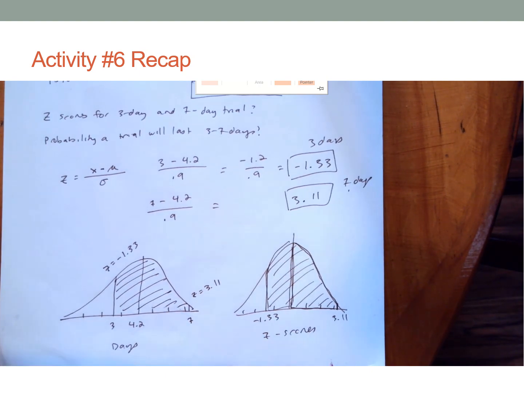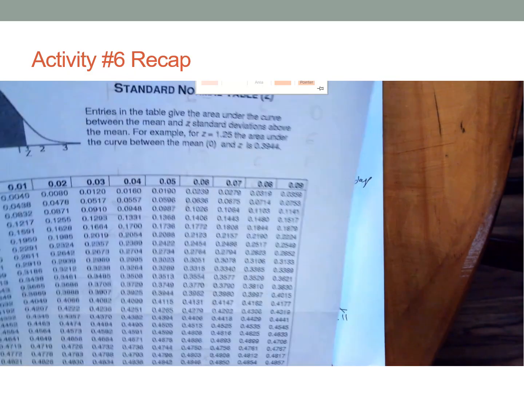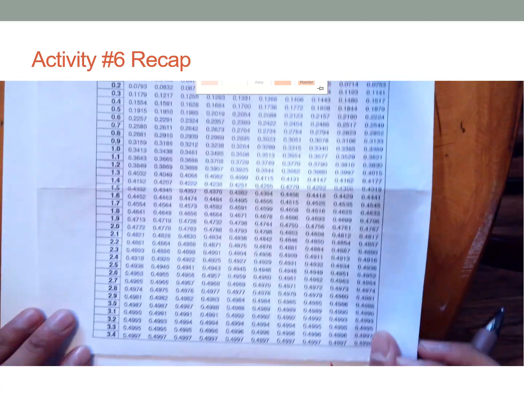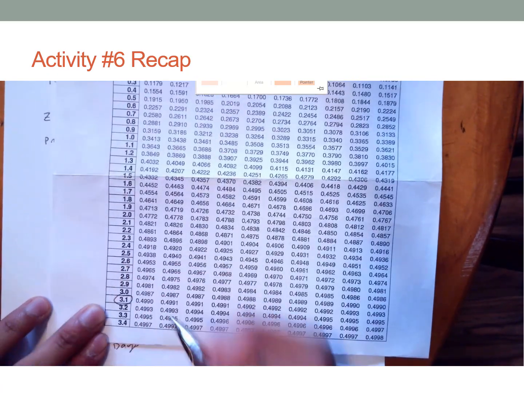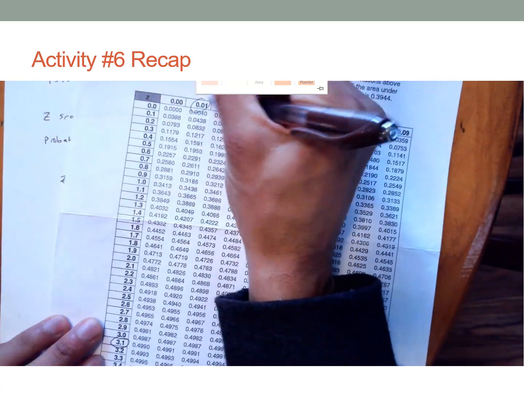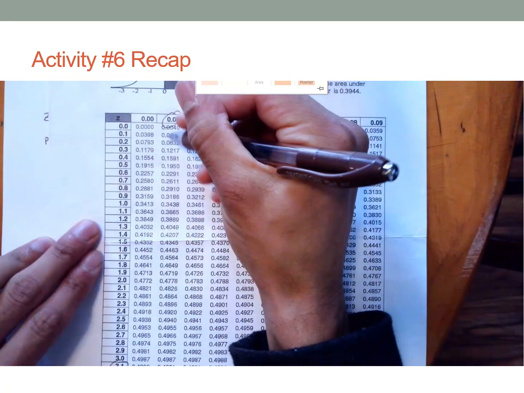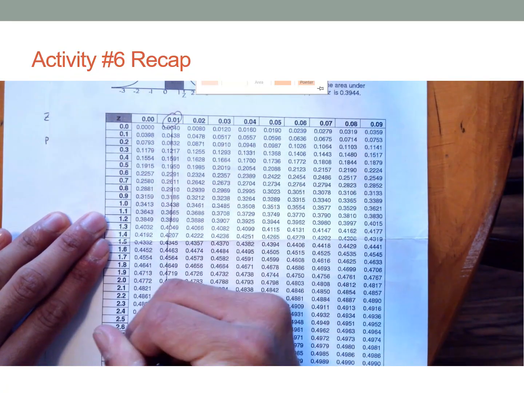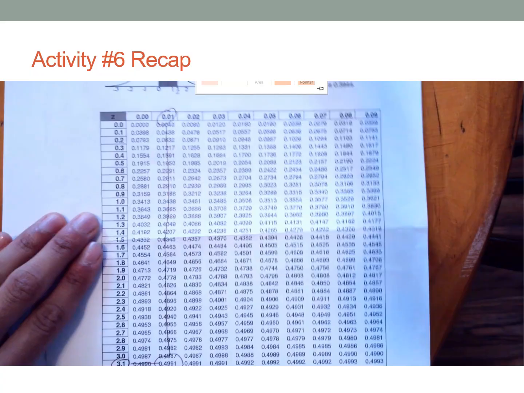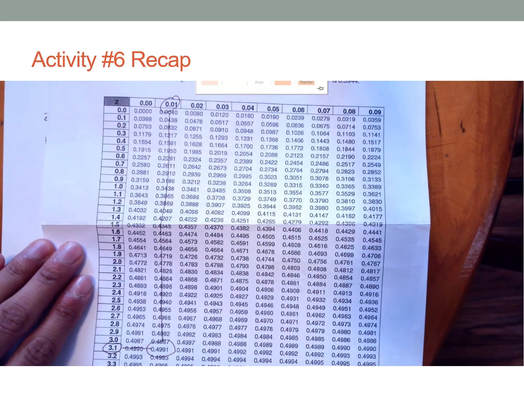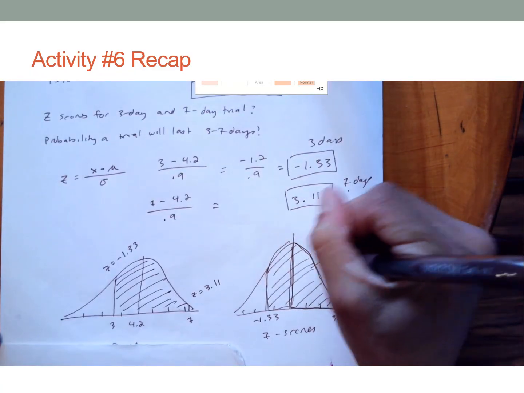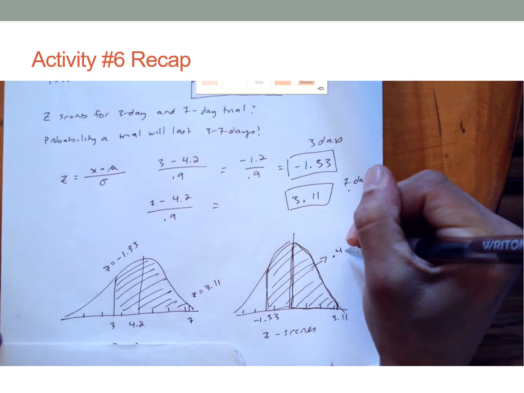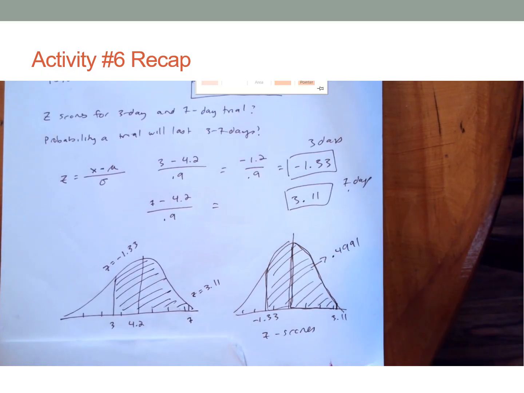So on my z-table here, I'm going to look up the area under the curve, first between the mean and our z-score of 3.11. So we'll start in a positive direction first. In order to do that, I'll come down here to 3.1, over here to 1 on the top, and then where these two values intersect is my area under the curve on the positive side of this graph.